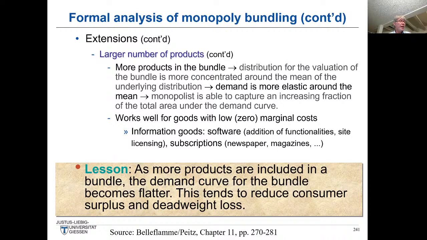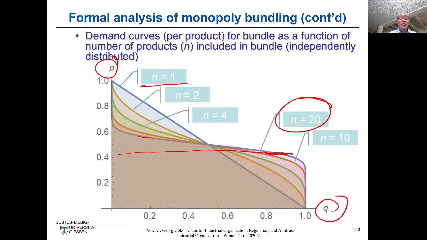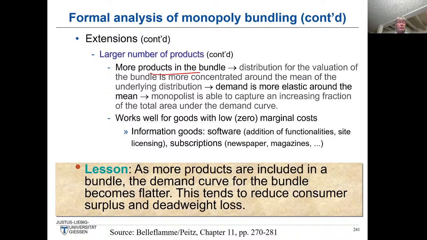Even though you might have some songs which you don't like, you will have many songs which you like very much. So if you have 1,000 songs or even 1,000,000, your average willingness to pay will be rather close to the mean. And therefore, the more products in your bundle, the flatter is this willingness to pay, in a sense, this demand curve.